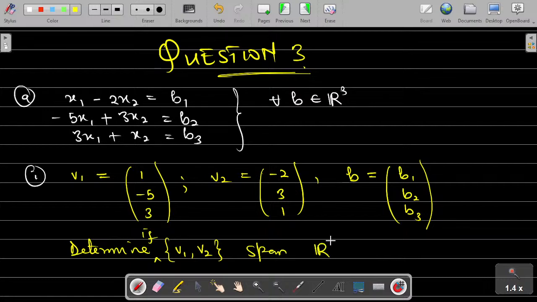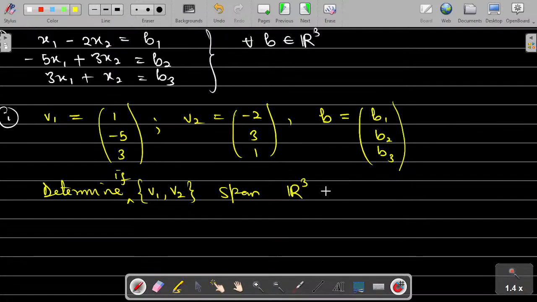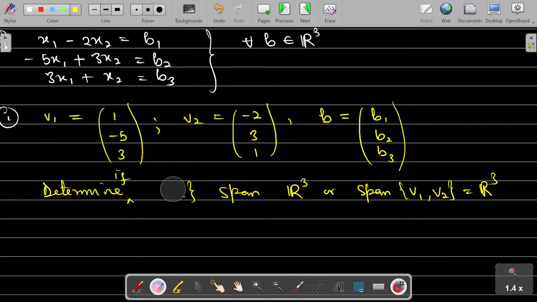Or we can say we want to determine if the span of v1 and v2 is equal to R3. We may not need to write this as a set, we can just say if v1 and v2 span R3. That's what it means.